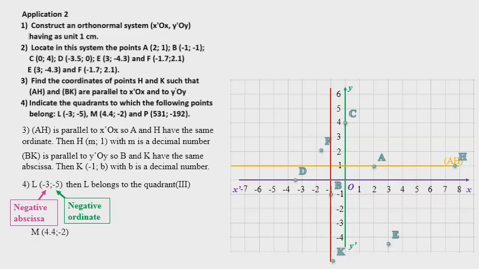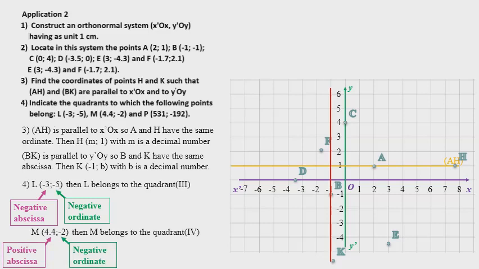We have M (4.4, -2). Without locating this point on the orthogonal system, we can say immediately that it has a positive abscissa and a negative ordinate, which are the conditions of quadrant number 4. So M belongs to quadrant number 4. Going to P (531, -192).